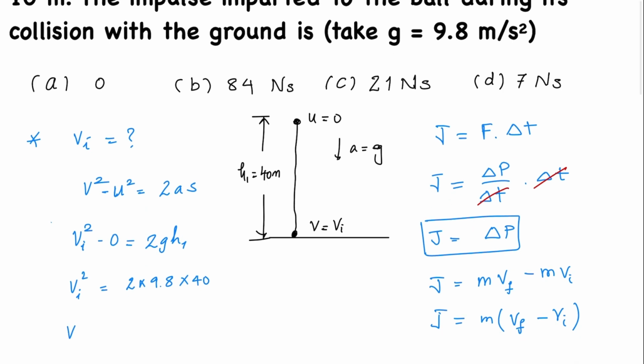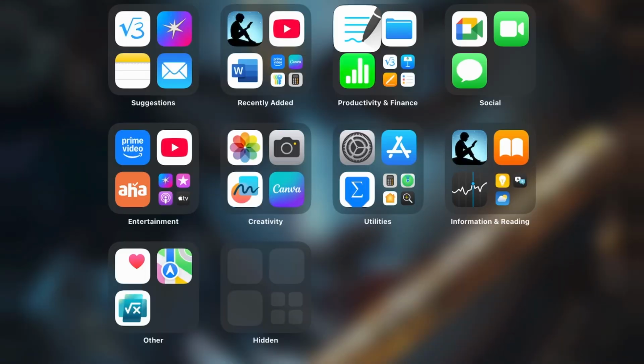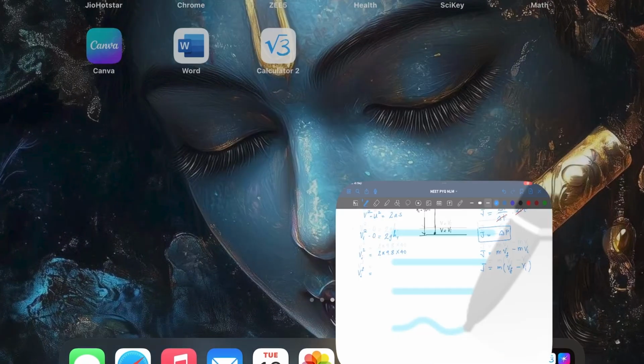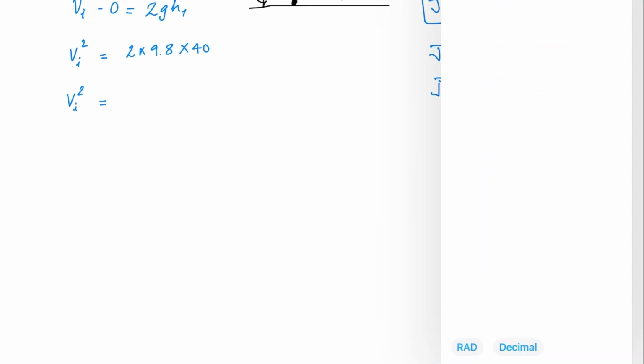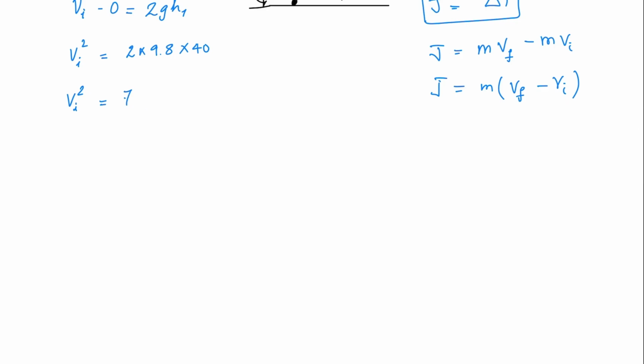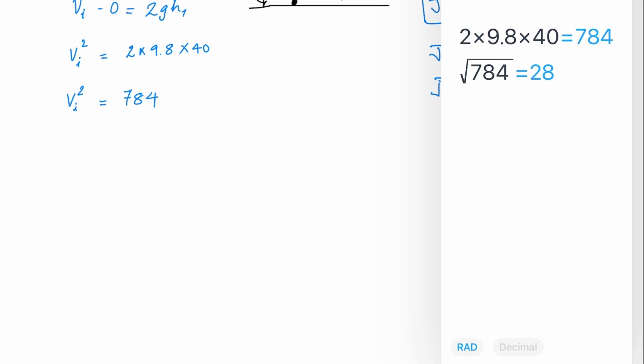Let us check on the calculator. 2 into 9.8 into 40 will give you 784, and vi is equal to root of 784, that will be equal to 28 meter per second.